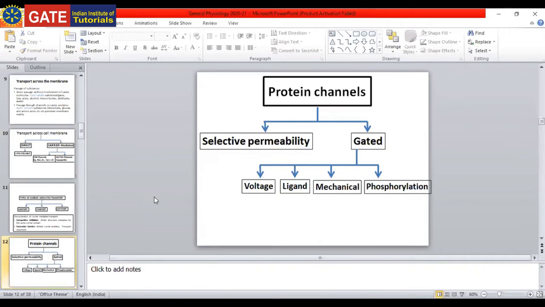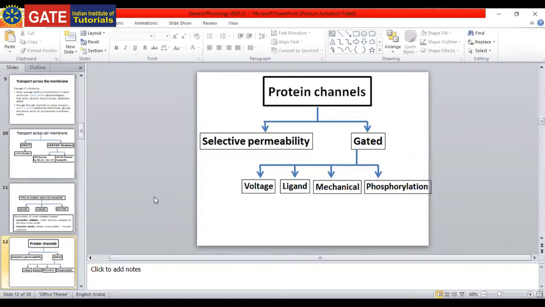Yes, ma'am, we agree. Okay, so now coming to the ligand, like how you study in the neuromuscular junction. What is the neurotransmitter in the neuromuscular junction? Acetylcholine. Very good. What kind of receptor does it bind to? Nicotinic. Very good. I'm glad you said nicotinic.